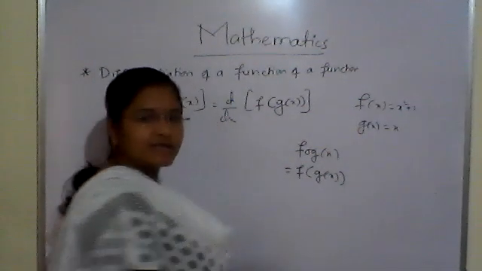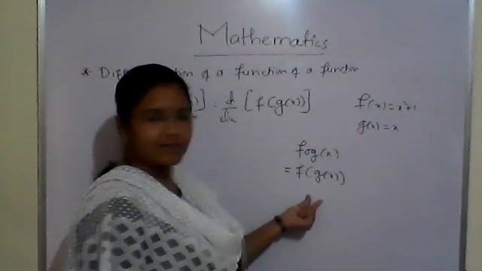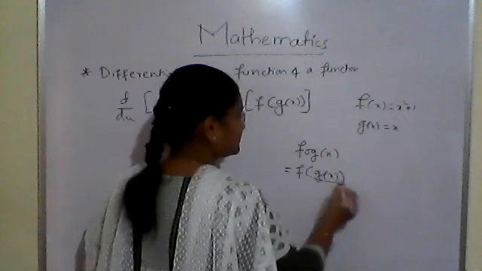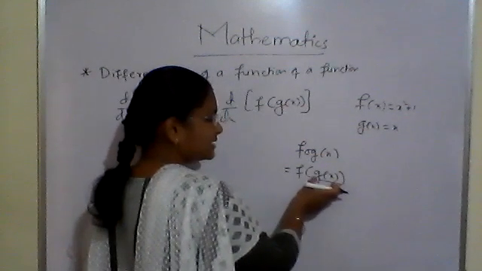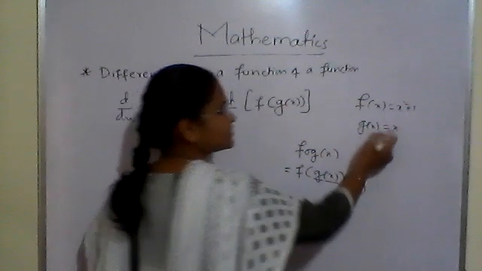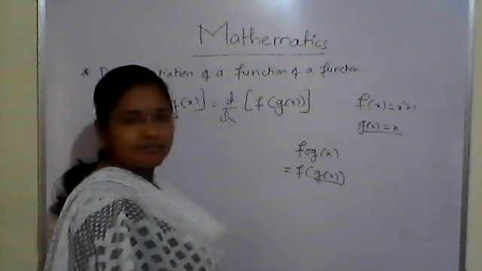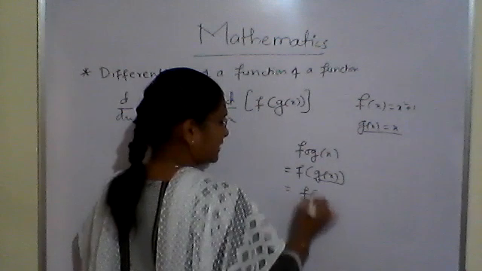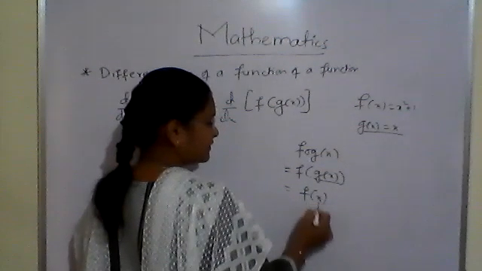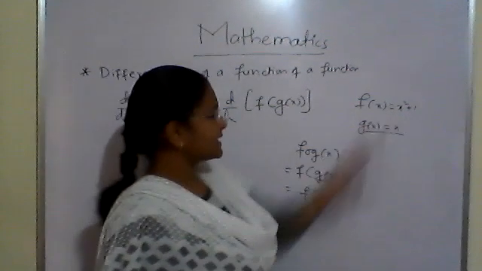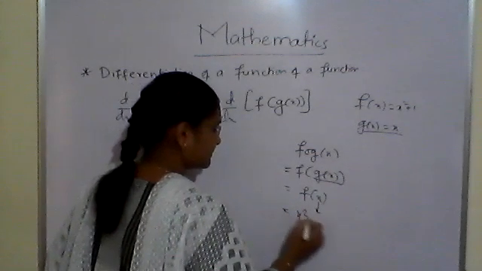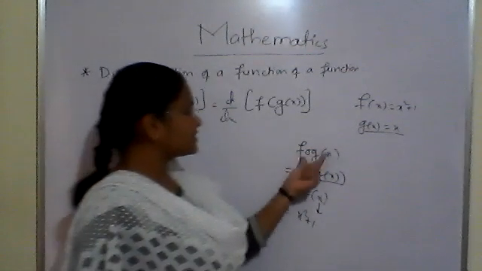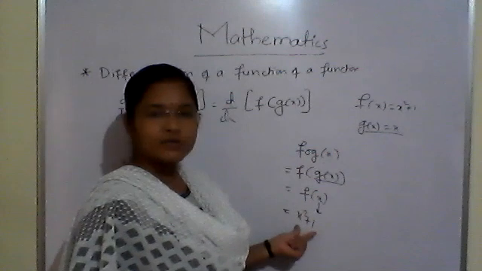Now for this f function, g of x is the variable. What is g of x? It is the identity function, so here we can write x. So f of x we are getting. Okay, so here composition of f and g is x square plus 1.